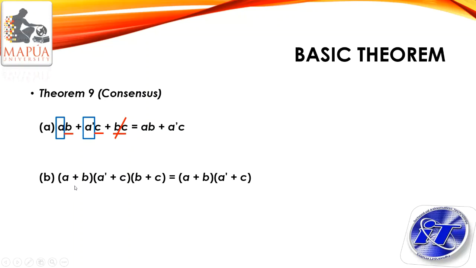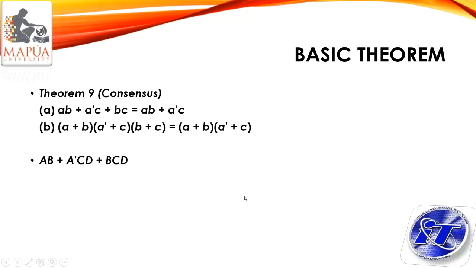Form B, same procedure. Locate a complemented variable. Inspect the variables ORed to it. Is it present in another term under OR operation? Yes. And that term will be removed to get the simplified equation. So that's consensus.